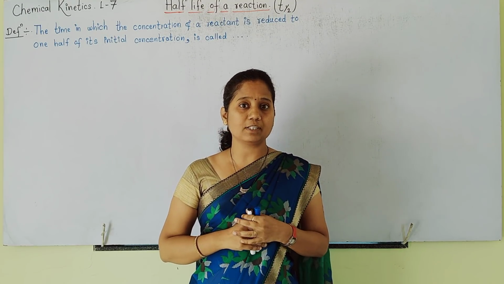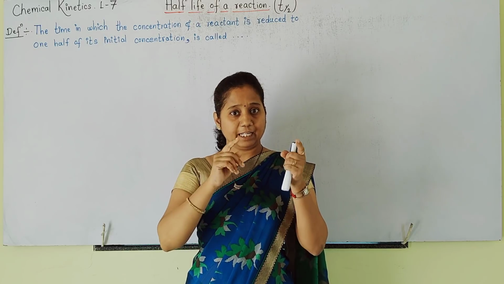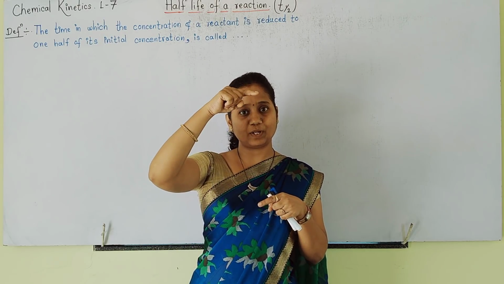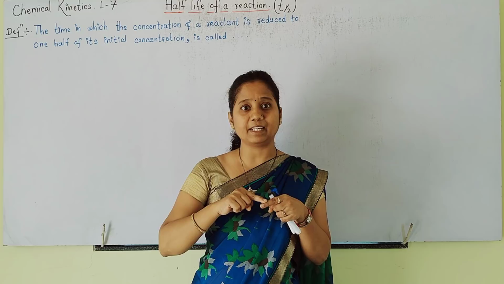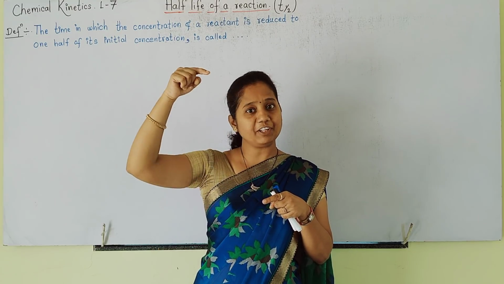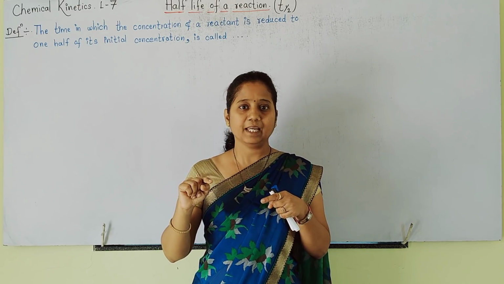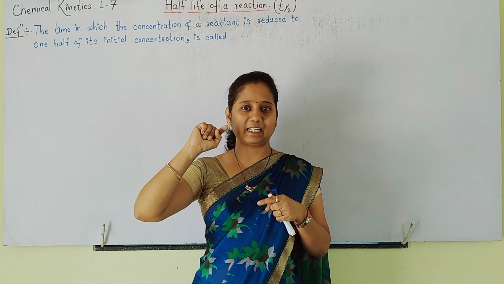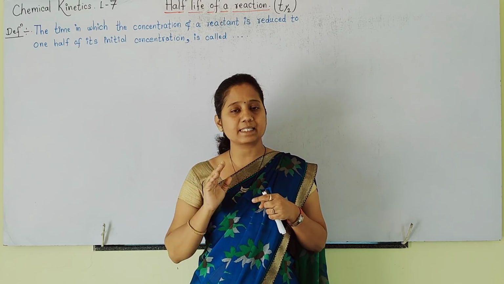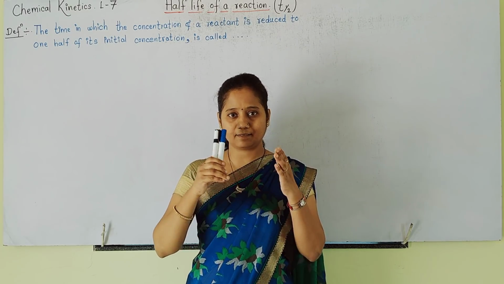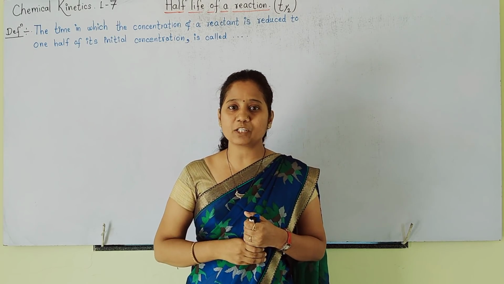Whatever is initial concentration, that is very important. It should become half. If it is 1 kg, it should become 500 gram. If initially it is 500 gram, it should become 250 gram. Okay. So whatever is initial concentration, it should reduce to its half. That change requires how much time?